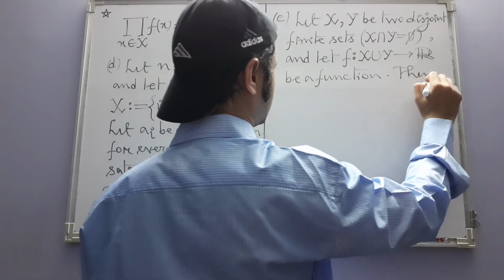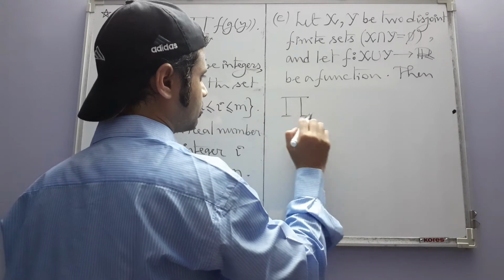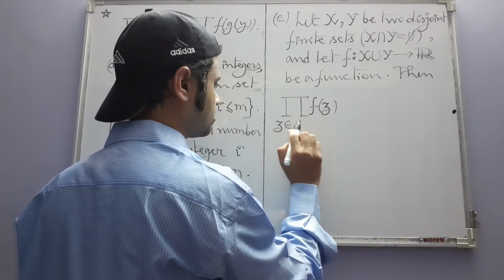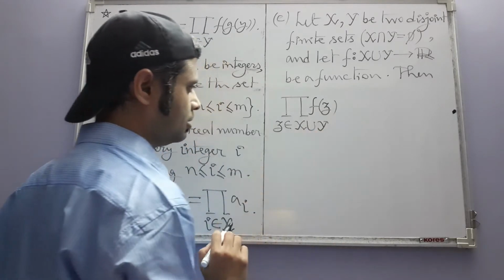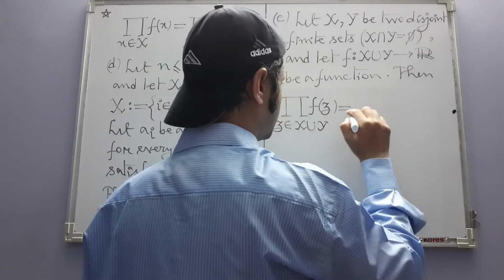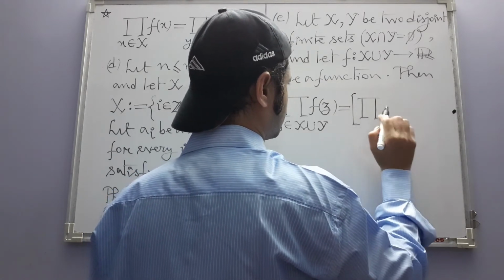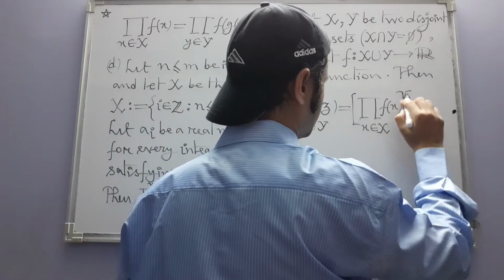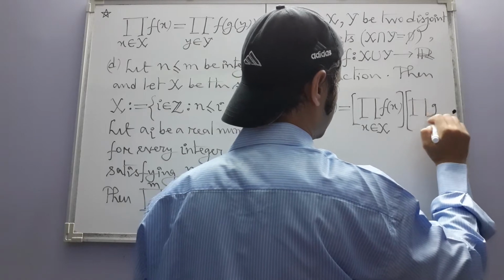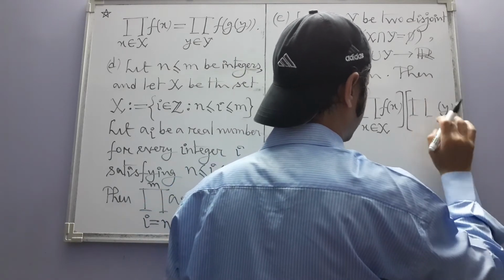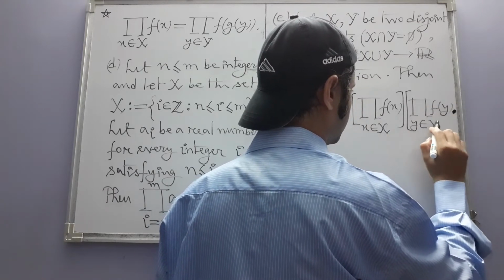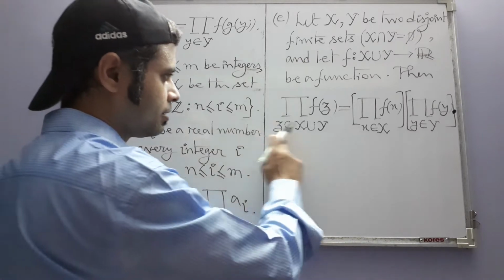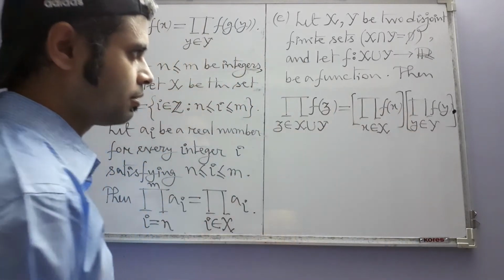Then the product of these terms as z varies over X union Y is equal to this product times this product, f of y, y belonging to Y. In the corresponding result for sums, we had sums, and here in place of this intermediate multiplication we had addition.